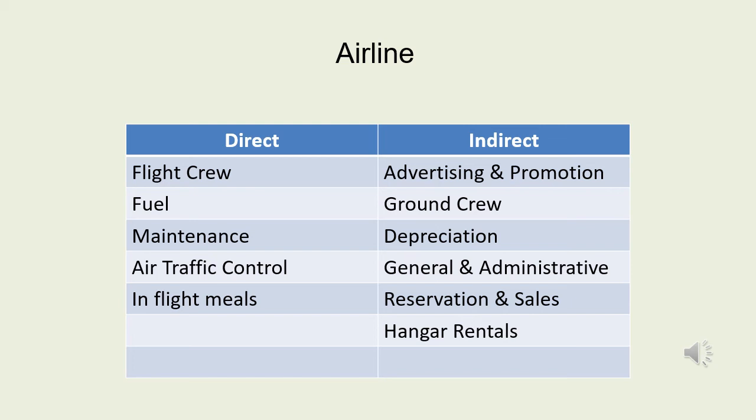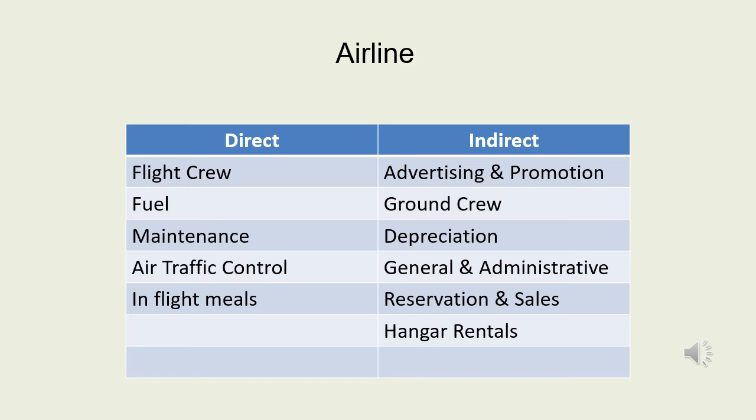Indirect costs for that flight were the advertising and promotion, the United commercials. Also, the ground crew: whether 100 flights take off that day or 50 flights take off that day, we still need the ground crew there to load luggage on the plane and to direct air traffic on the ground. Again, depreciation on the plane itself is not attributable to a specific flight.